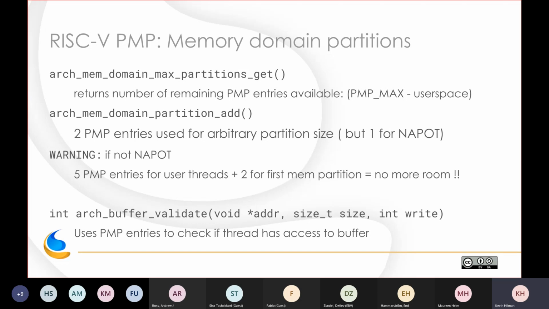So if you haven't done the power of 2 alignment, there'll be 5 entries for your user threads, and then 2 for the first memory partition, and then there's only 1 left, so that's not enough for another memory partition. So already there's no more room with just a single memory partition.